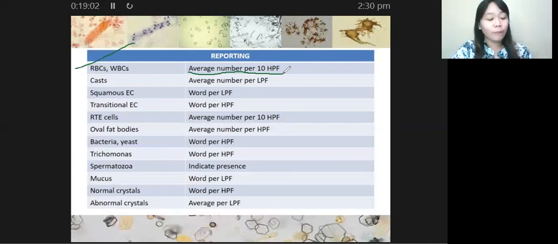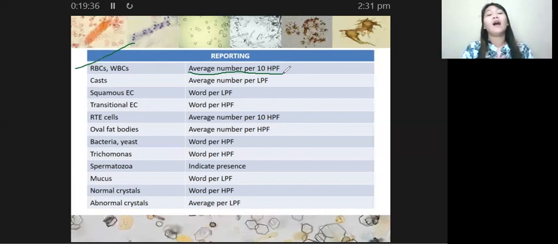So actually, depende po yung range doon sa institution. Kasi may mga institution, 0 to 1, meron po silang 0 to 1, 0 to 2, 1 to 2, 1 to 3, so on and so forth. Okay? But regardless of the policies of the institution on the reporting of your sediments, okay, always remember that for your RBCs and your WBCs, they are reported as average number per 10 HPF.